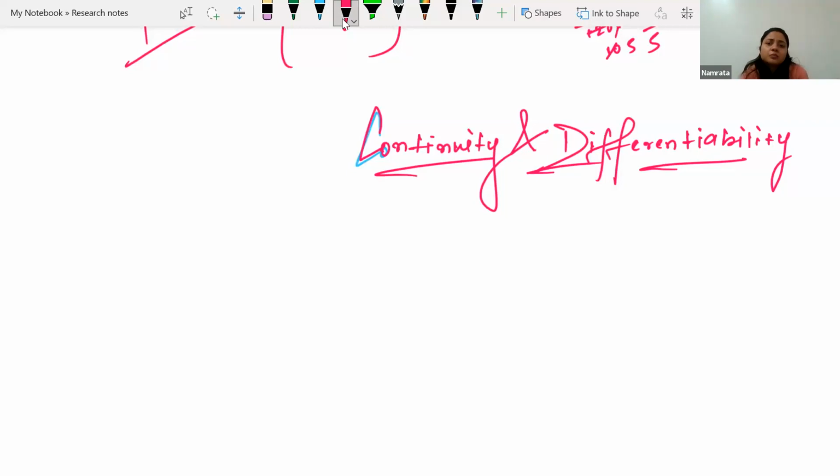First we will be discussing the concept of continuity, and then we will move to differentiability. In differentiability, you have already learned differentiation, it just started in the previous class. Here we will be discussing the concept of chain rule and implicit function, and how to do the derivative of that.